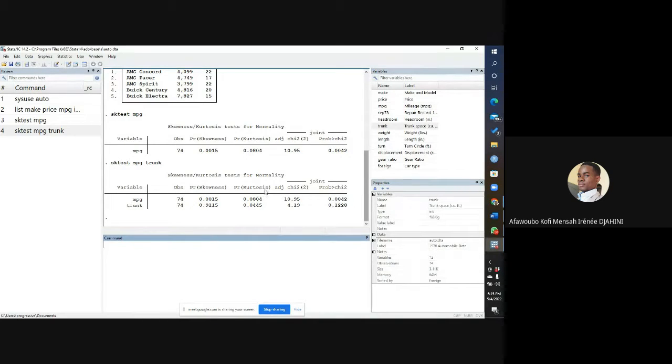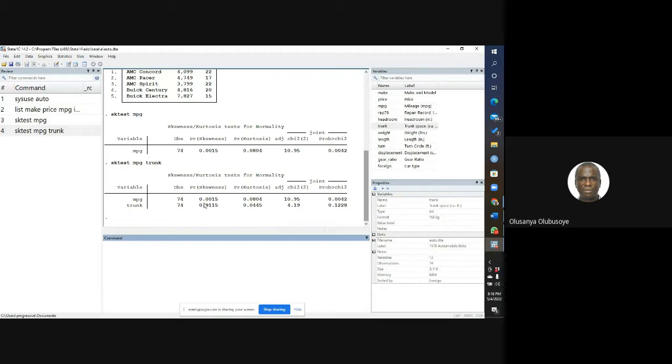What do PR skewness and PR kurtosis represent in this table? Are they the p-values we should look at to conclude about the normality of those variables? Excellent. I got your question now.